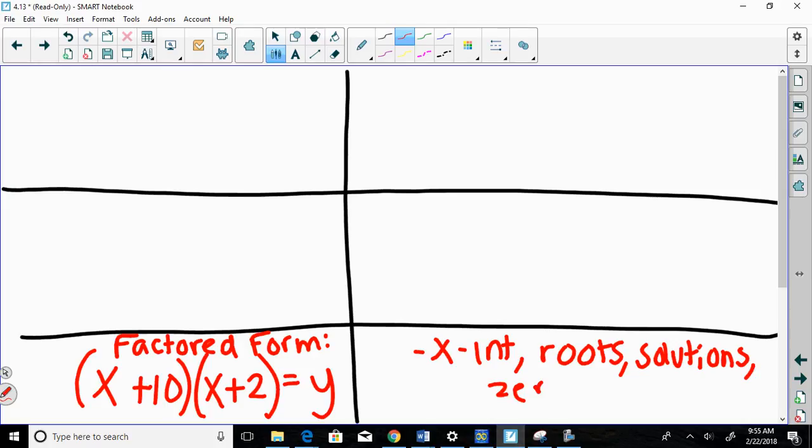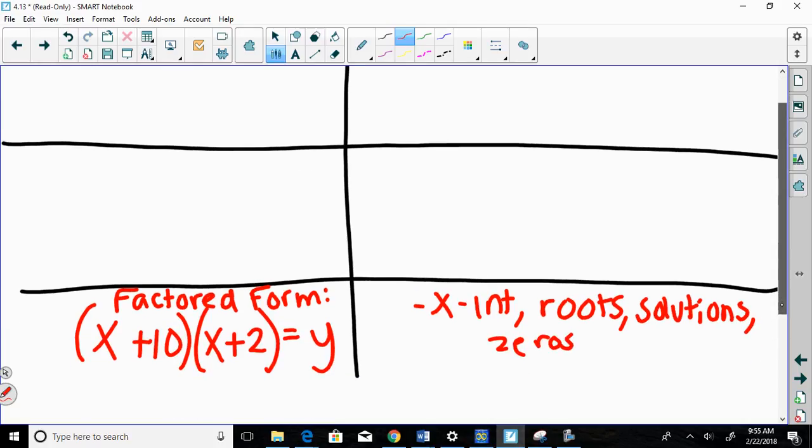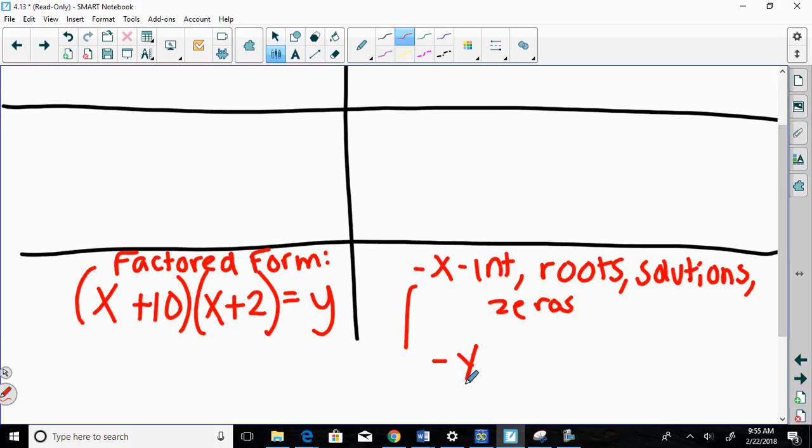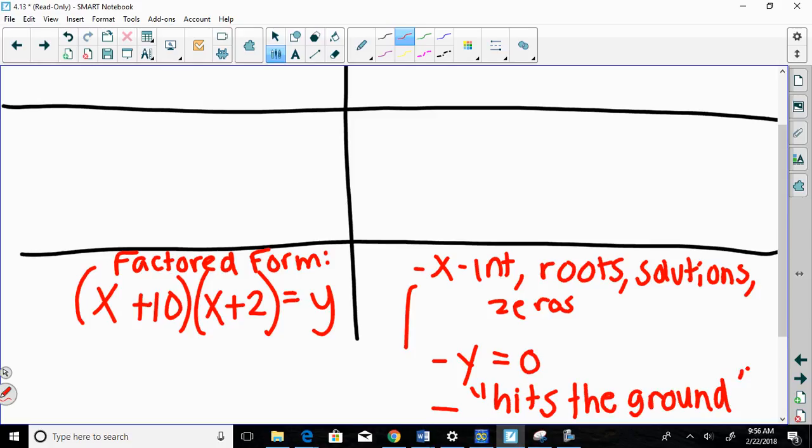Your x-intercept is when what equals what? Your y-coordinate equals 0. Also, an x-intercept is usually when something lands or hits the ground. So when word problems mention something hits the ground, or your y equals 0, it's best to use factored form.